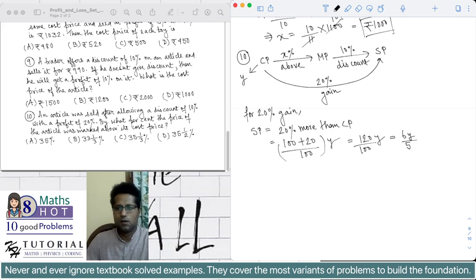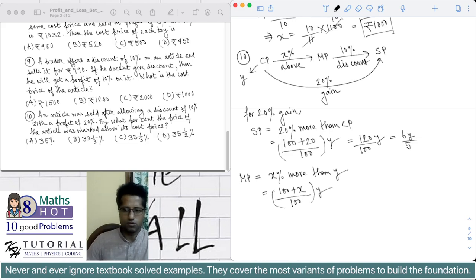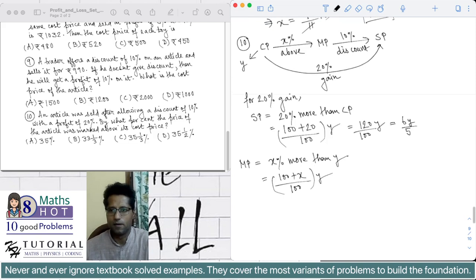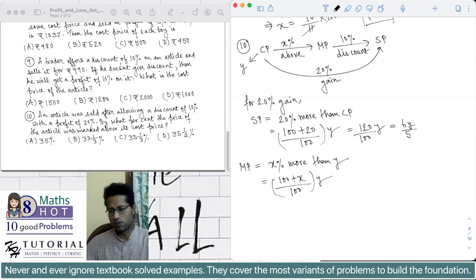Now we will try to compute SP from the mark price. But in doing that, we have to first find the mark price. Now, mark price is definitely X% more than the CP, which is Y. This is equal to 100 plus X divided by 100 multiplied by Y. So this is the mark price. Now, again, there is a 10% discount given on mark price.